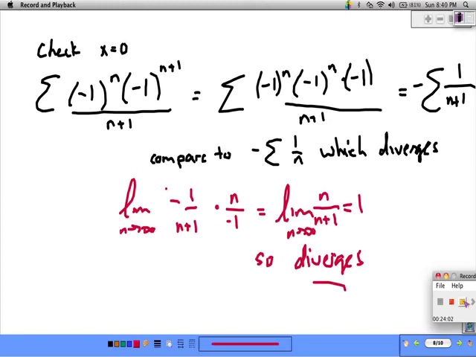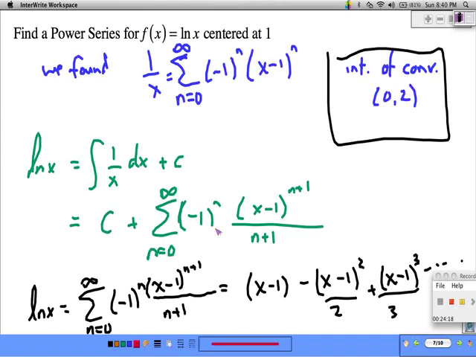So the interval of convergence for this power series for natural log is 0 to 2, 2 inclusive, and the polynomial that we get is this: x minus 1 minus x minus 1 squared over 2 plus x minus 1 cubed over 3, and so on.